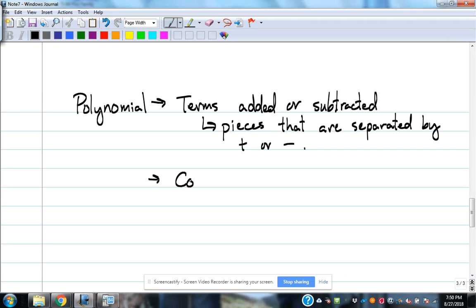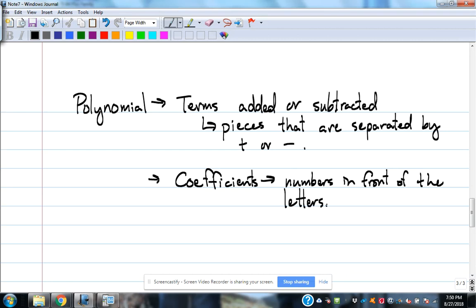If I say something about the coefficients, those are the numbers in front of the letters. The coefficients are the numbers in front of the letters.